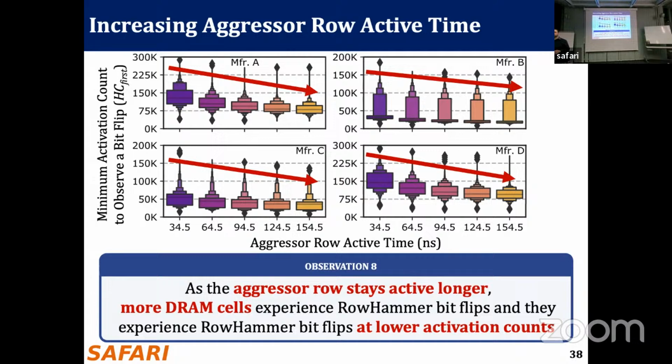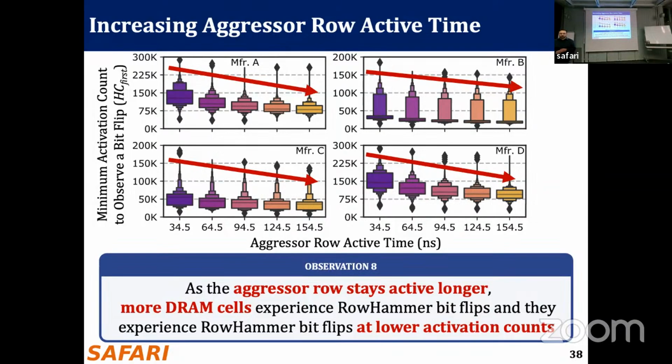So if you're talking about the vulnerability at the circuit level, it depends mostly on the circuit's physical characteristics, like density and how much the interference can affect across cells.